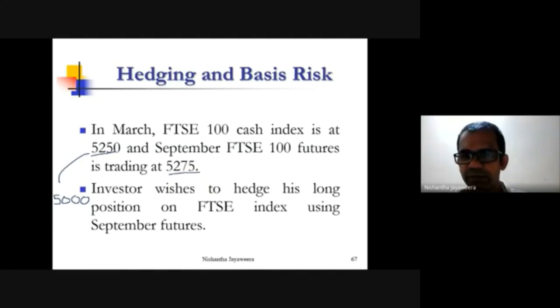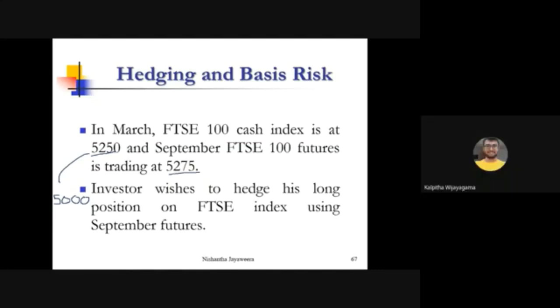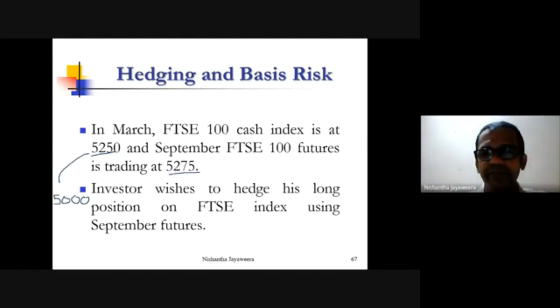I hope you can hear me. Yeah, we can hear you, sir. Yeah, so that would mean a loss, right? Index going down. You have something, price goes down, it's a loss. Whether it's a forward or a futures or foreign exchange or a stock, whatever underlying, it doesn't matter.